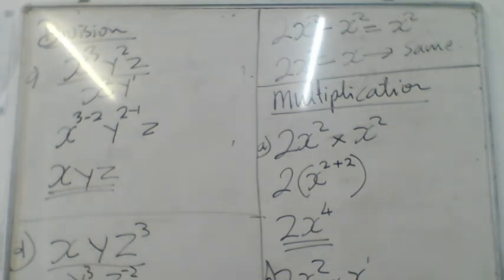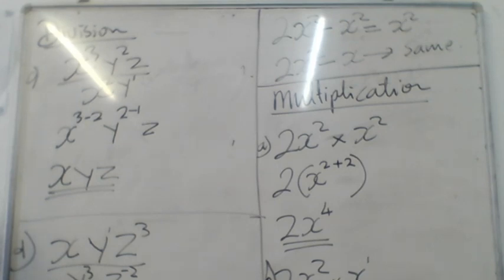How do we treat it? The same concept. You say x, 1 on the top minus the bottom. Then y, 1 minus 3. Then z, 3 on top minus the bottom, but the bottom is negative.